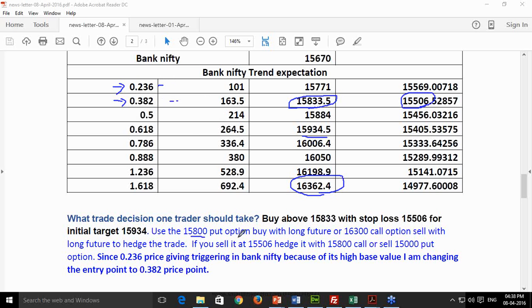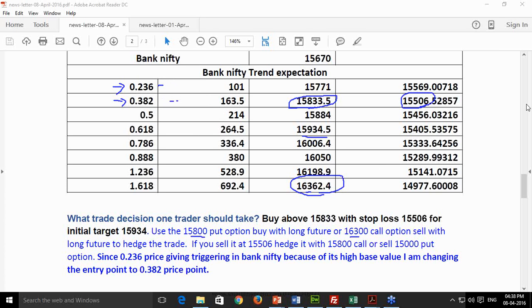So this is how it is designed. If you are buying the future, you should buy a put option. Since Bank Nifty options are a little pricey in the first 2 weeks of the settlement, you can think of selling a call option. So here, if you are buying, 16,362 is the last target, and you can think of selling a 16,300 call option also. So this is how you can hedge your position.